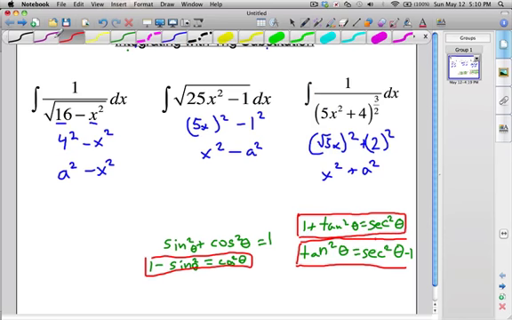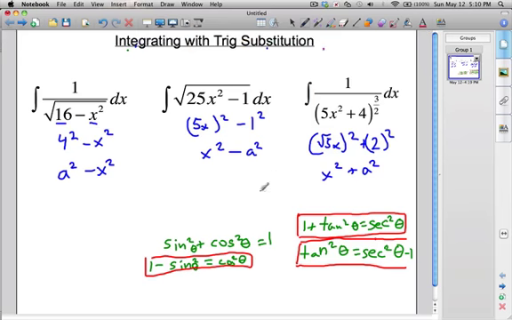So let's take a look at these more closely and see how they match the three different types that I have up here. Notice in the first one, we have a constant minus the x term. If we look at which one corresponds, here we have a constant plus a tan squared, and here we have a constant minus a sine squared. So that's how you tell what type it is. We look at this trig ratio here.